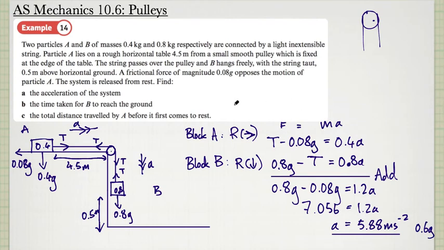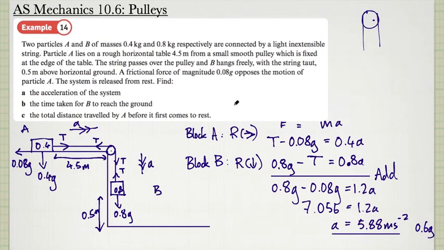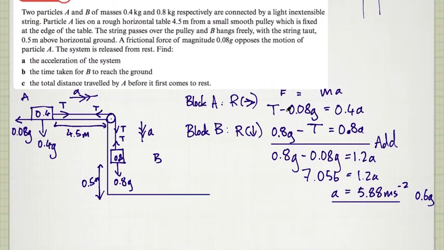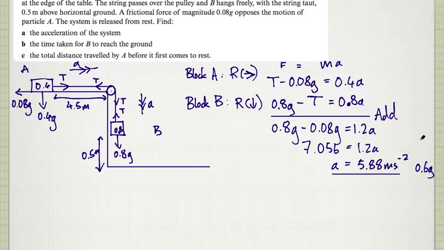Part B asks for the time taken for B to reach the ground. Now we know how fast B is accelerating, we can do suvat for B itself. For B, we know it's got to reach the ground, so the distance travelled is 0.5 meters.